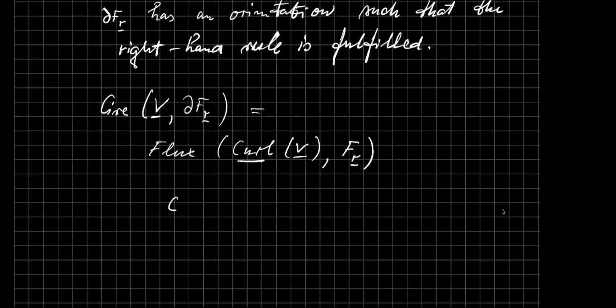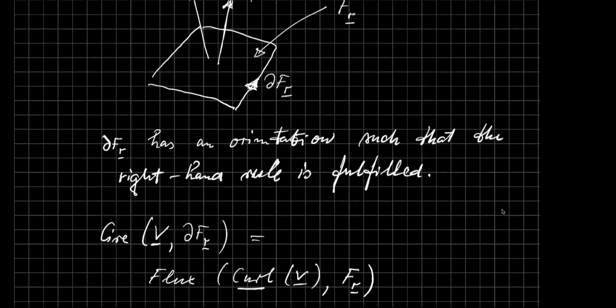Remember the curl of V, that's a vector, and it is the cross product between the Nabla operator and the vector field V. I'll show you this in an example shortly. So in this sense, the circulation, which is a one-dimensional integral, is equal to the flux.